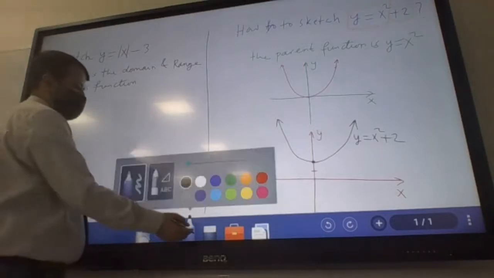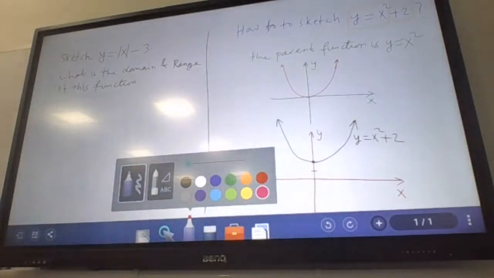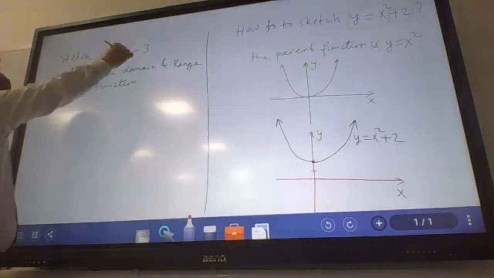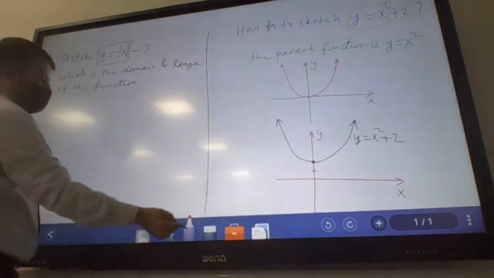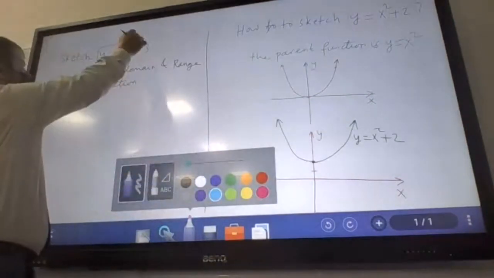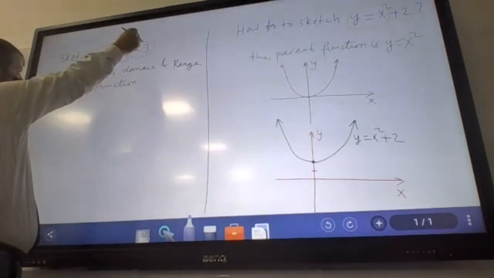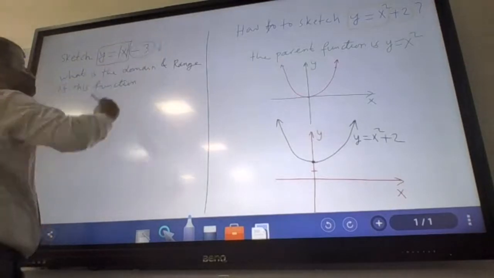What's the parent function in this case? Out of the 5, the parent function is absolute value of x. This is the parent function. Now I have to subtract 3, but as you see, outside the parent function. So I have to shift the graph 3 units down.